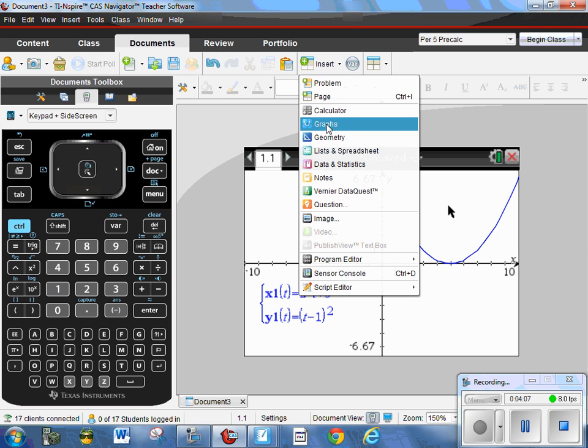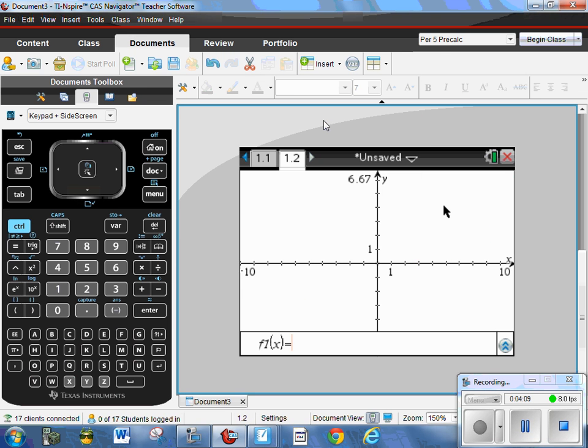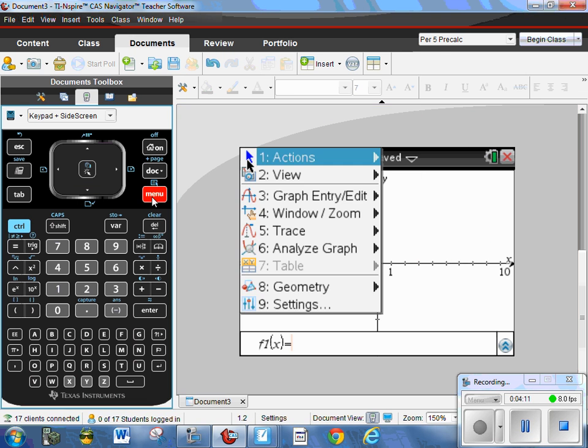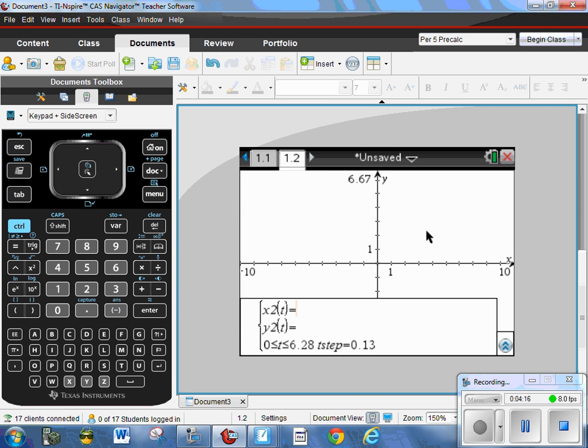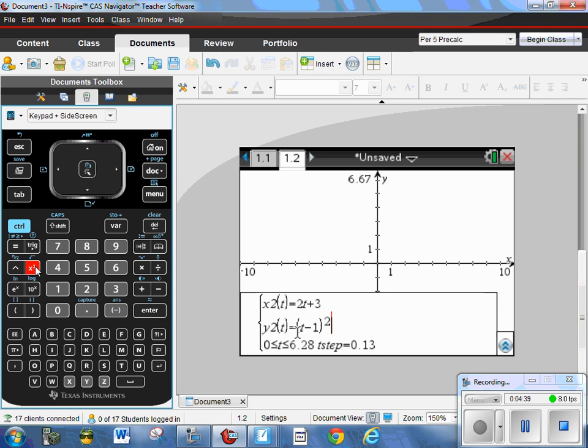Just like we did for polar, we go to Menu, Graph, Entry, and Edit, and then to Parametric. Notice then we have an x of t and a y of t. Since I did this in the previous class, and mine's x2, yours is probably saying x1. I'm going to type in 2t plus 3 and t minus 1, the quantity squared.